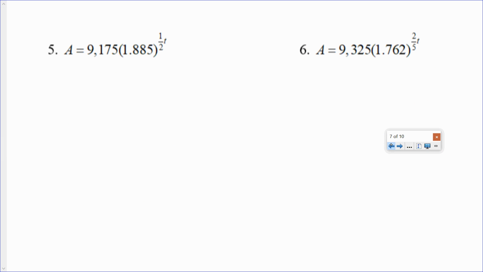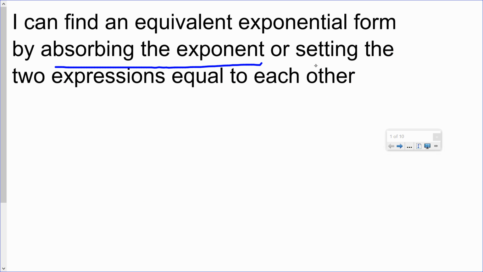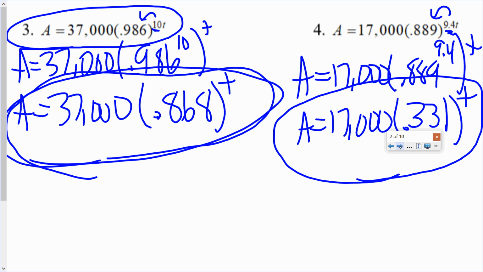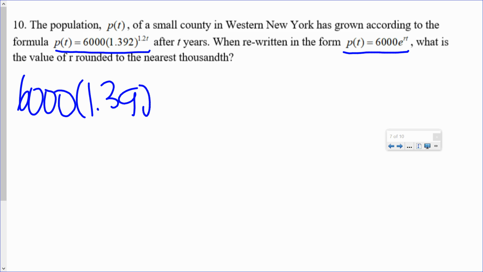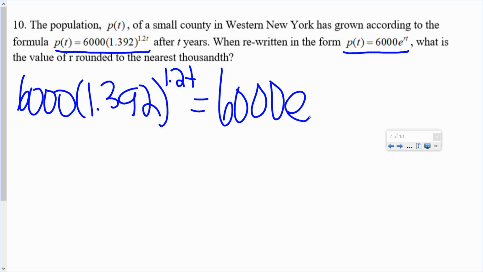Well, if you look back at the aim, if I want equivalent forms, and it's telling me the equivalent forms, then I'm going to set the expressions equal to each other.